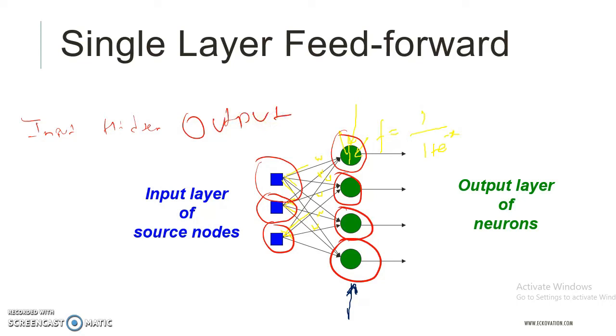Now, the arrangement of these layers makes the different architectures, and the different architectures will let us know whether it is single layer feed forward, double layer feed forward, or recurrent. These architectures will let us know how we'll be processing. So this one is the input layer, and then we have the hidden layer, and then again we have the output layer.